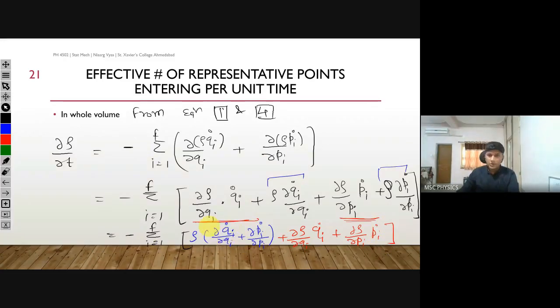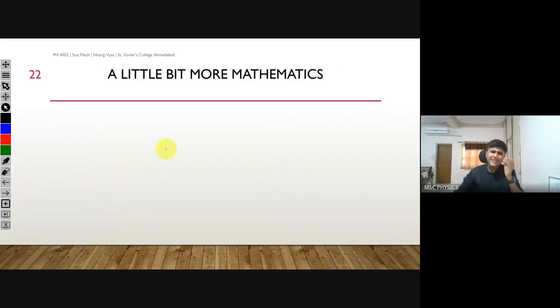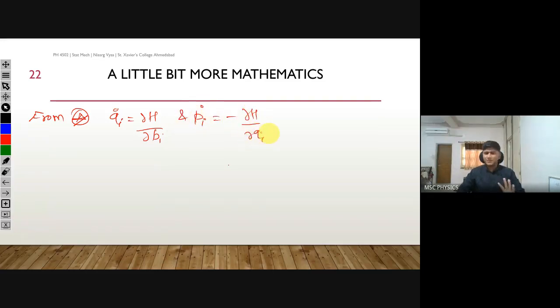Now this blue term I'll be calling first term and this term I'll be calling second term. A little bit more mathematics, that's all it takes. So we know from star that Qi dot is del H by del Pi and Pi dot is minus of del H by del Qi. Simple.